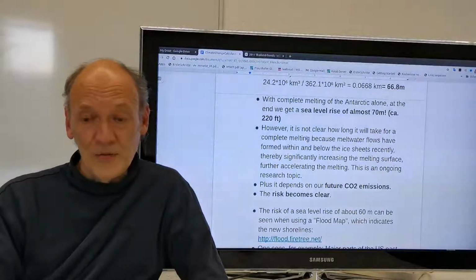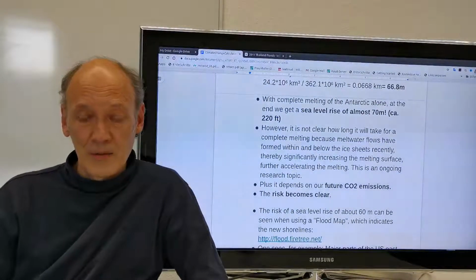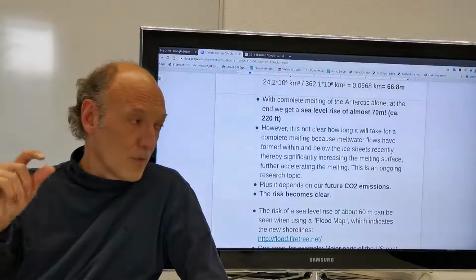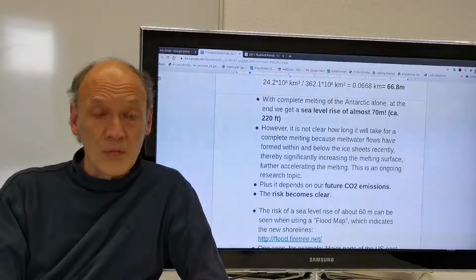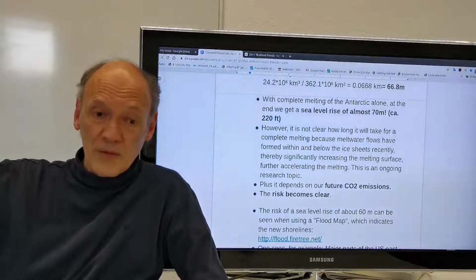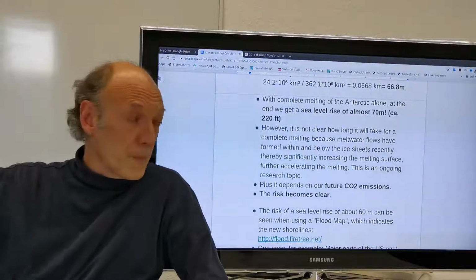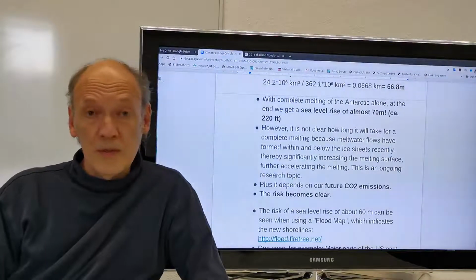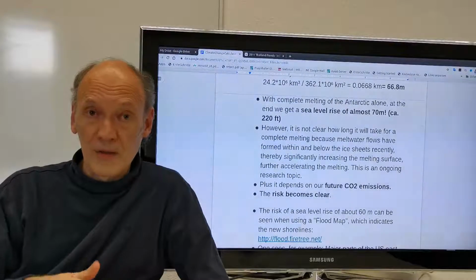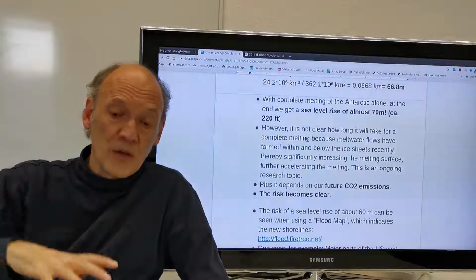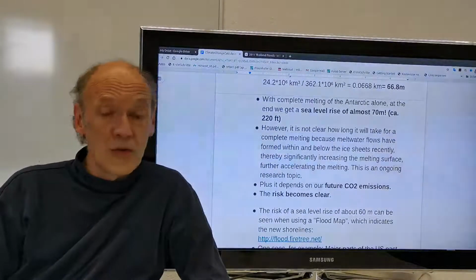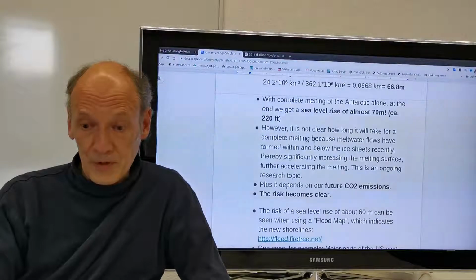But the good thing is it's not quite clear yet how long it will take. According to our computation, we have 1 centimeter per year, roughly, but we also saw the increase in CO2 levels, so this radiative forcing is quickly accelerating. It has also been found that in the ice there are more and more cracks and breaking off of ice shields, and then there's water below the ice shields, which increases the surface and hence increases the melting, right?